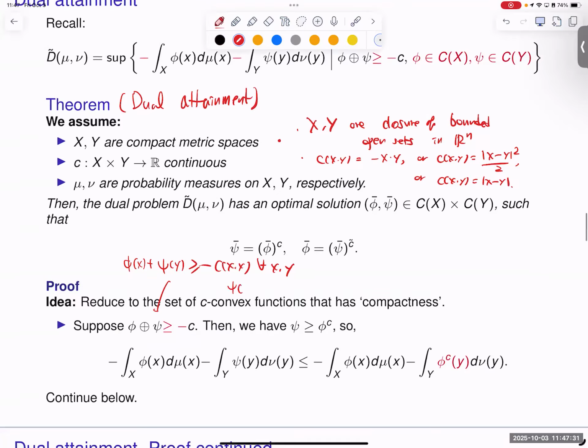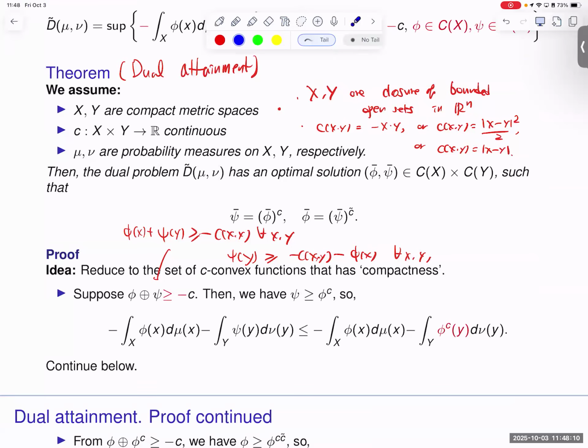So obviously psi(y) is bigger than negative c(x,y) minus phi(x) for all x, y. Here, fix y and take the supremum over x. Then this one will still be bigger than or equal to the supremum over x. But the supremum is exactly the C-transform of phi. So whenever you satisfy this, one is bigger than the C-transform of the other. And this is obvious, right?